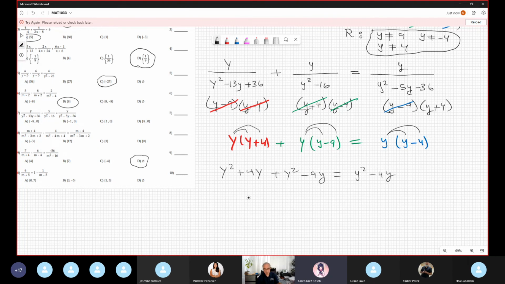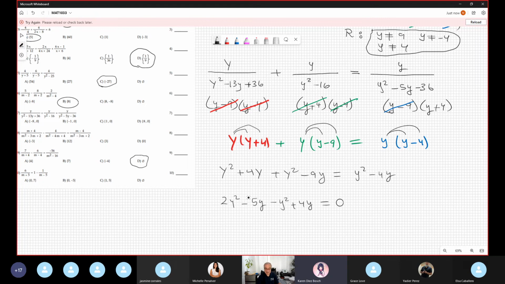Now combine like terms. Y squared plus y squared is 2y squared. And positive 4 and negative 9 gives negative 5y. But y squared and 4y I bring from the right to the left, like minus y squared plus 4y. Why?